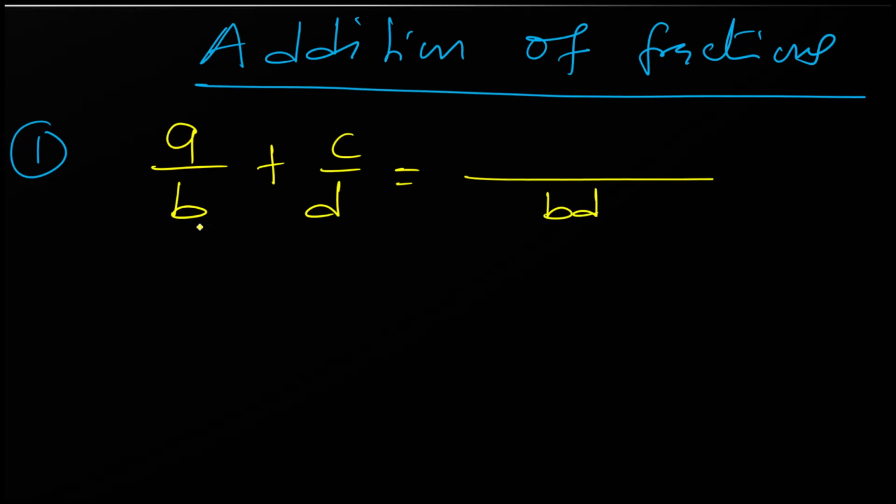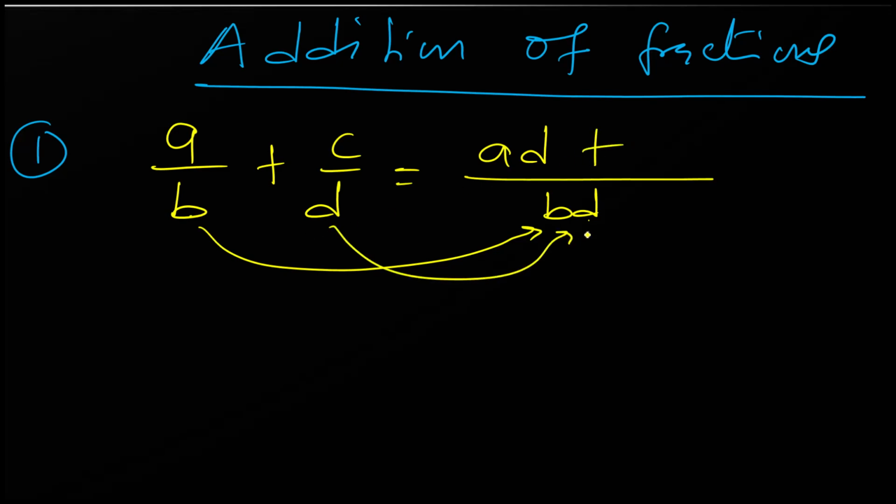So you take B into the LCM, it will remove itself, leaving D. Then we multiply the result by the numerator here. It's not different from what we just did. So we have AD plus, then D into the LCM will remove itself, leaving B. Then multiply it by this. So we have BC.